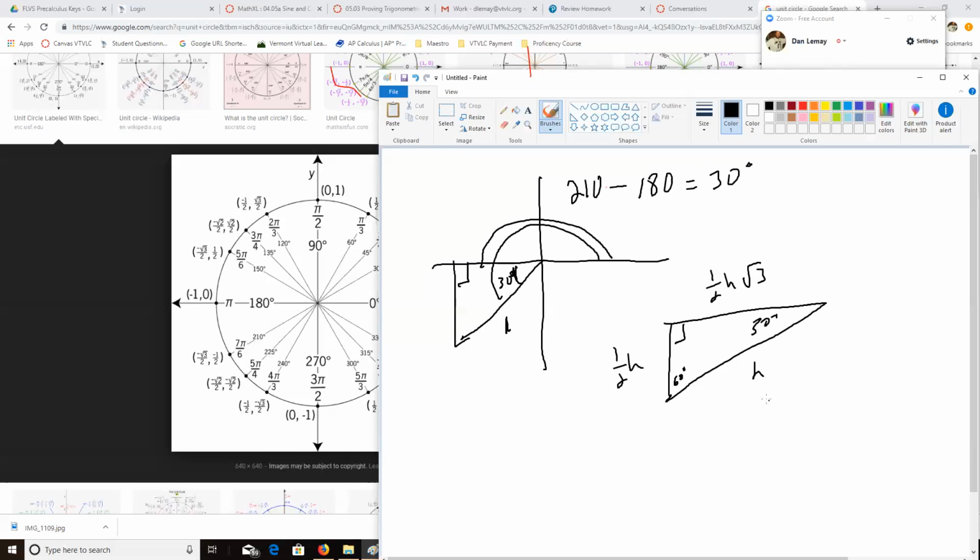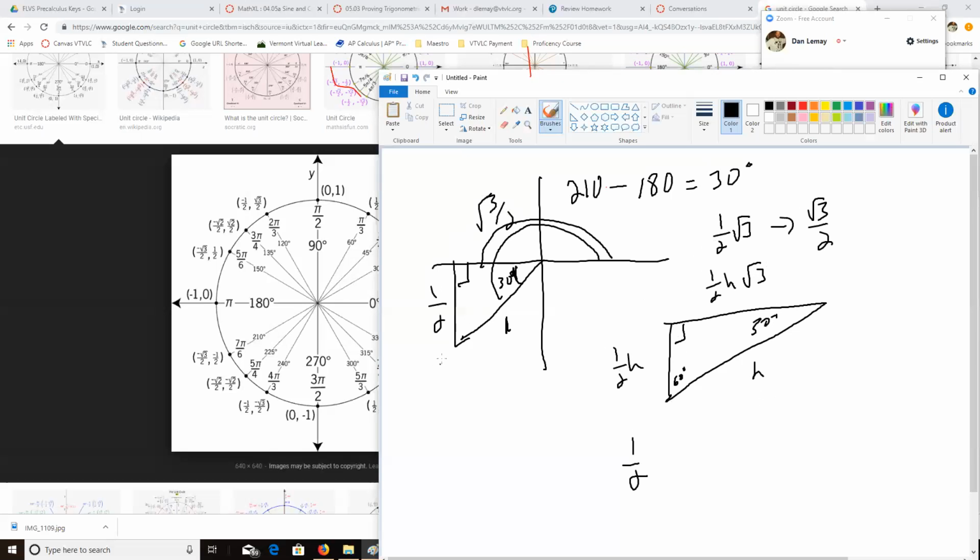Well, if the hypotenuse is 1, because we're on the unit circle, this side is just 1/2, and this side is just 1/2 times the square root of 3. Of course, we typically write that as the square root of 3 over 2. So this side's 1/2, and this side is the square root of 3 over 2.